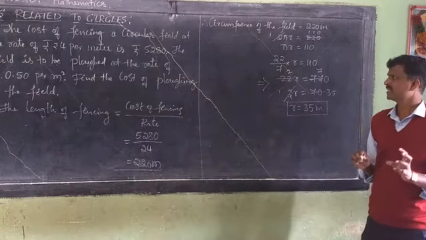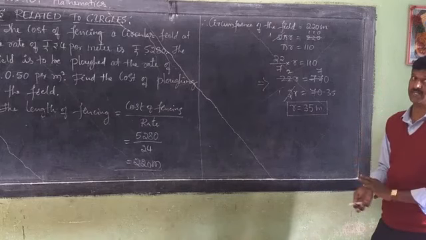The radius of the given circular field is 35 meters.